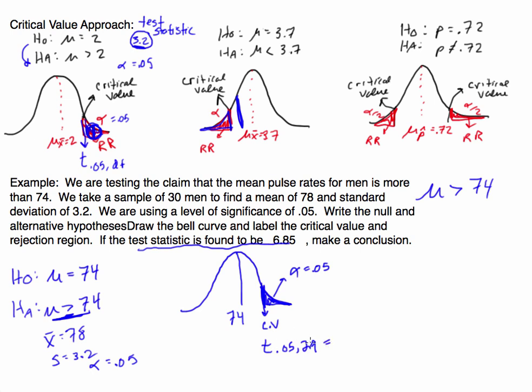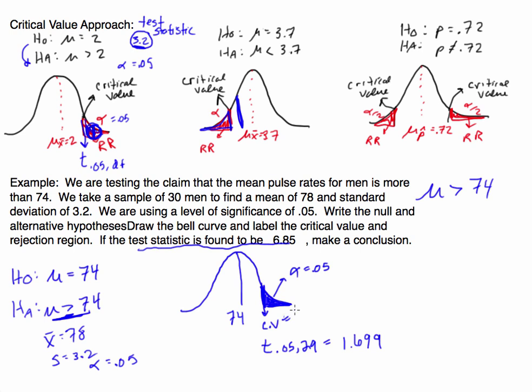If I look that value up, a t-score with 0.05 in one tail, and 29 degrees of freedom, it's going to be 1.699. That is the critical value.